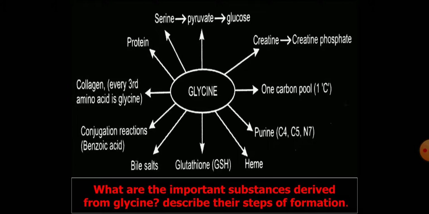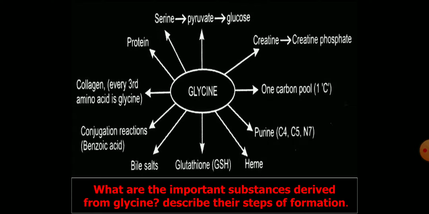And again you can write the pathway of creatine synthesis, that is arginine and glycine form guanidoacetate, then methyl transferase finally produces methyl guanidoacetate, that is creatine.